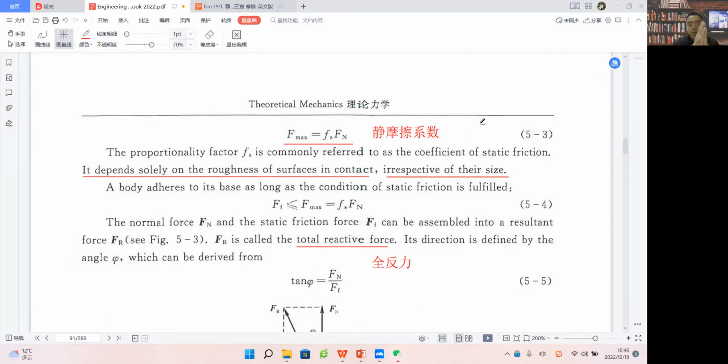So our two hands pressed together is Fn, right? This Fs is according to the roughness of our palms, right? So actually this is friction. Do not do that.